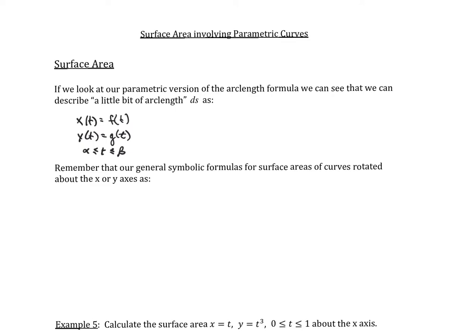When we have such a situation, we can write our ds, which is that little bit of arc length, as the square root of (df/dt) squared plus (dg/dt) squared dt. So this was that little bit of arc length that we had talked about last time.